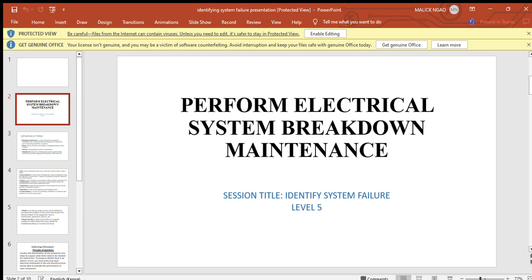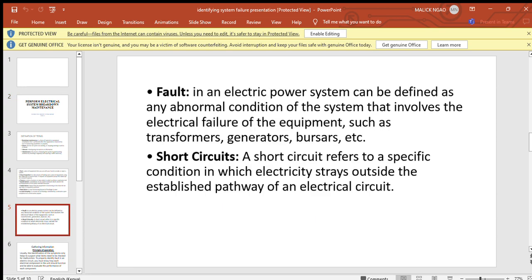Identifying system failure is identifying a fault in an electrical power system, and this can be defined as any abnormal condition of the system that involves the electrical failure of equipment such as transformers, generators, bus bars, and many other electrical systems.